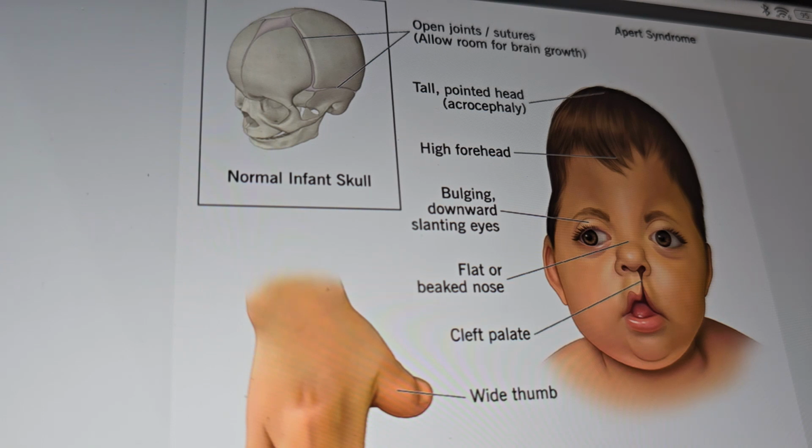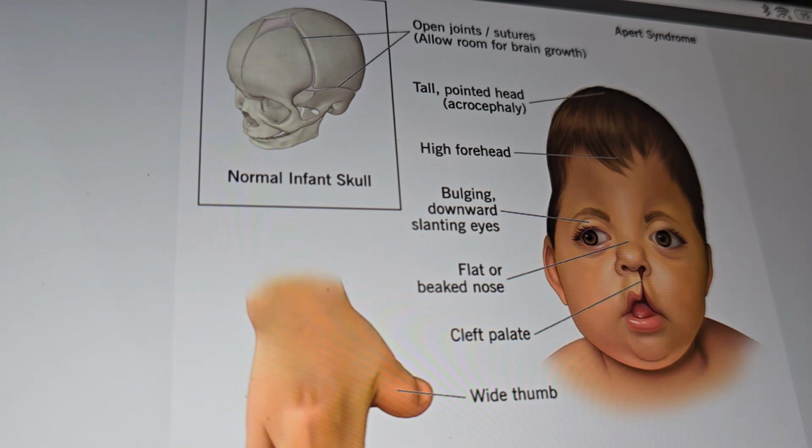And as you know, there is a beaked nose and an underdeveloped jaw that lead to crowded teeth, and syndactyly of the hands and feet, hearing loss, and they can have mild to moderate intellectual disability.